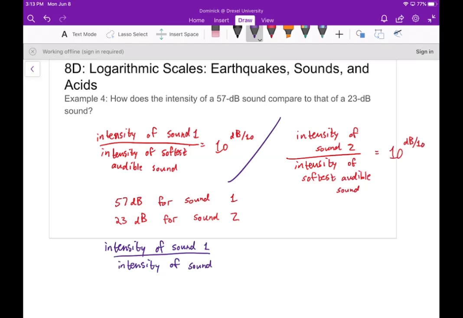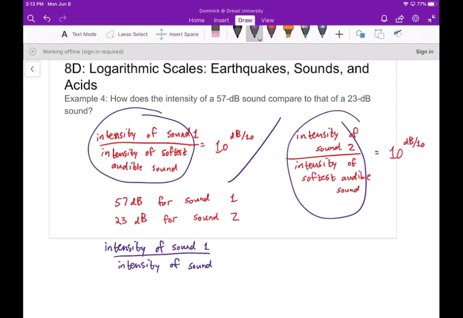Because if you look at these two fractions and you do keep, change, flip, the intensity of the softest audible sounds will cancel and you'll get intensity of sound 1 over intensity of sound 2. Then this is going to equal, by your rules for dividing exponents, 10 to the decibels of sound 1 minus the decibels of sound 2 all over 10.